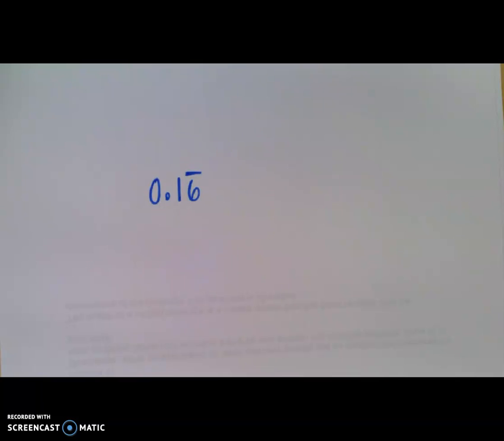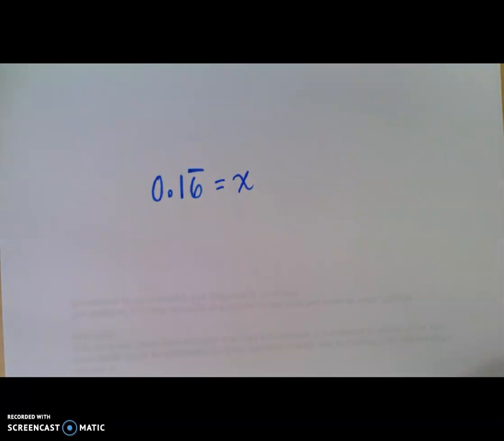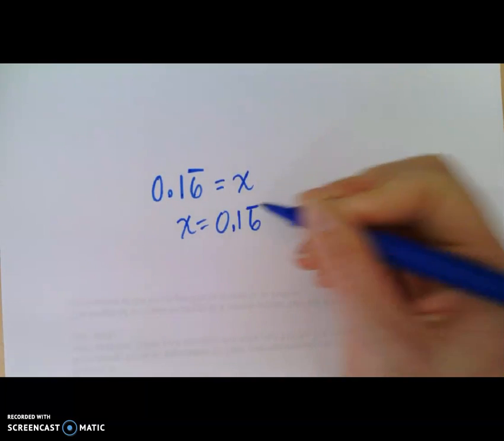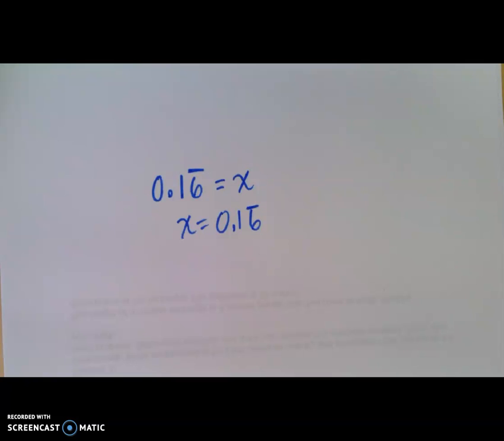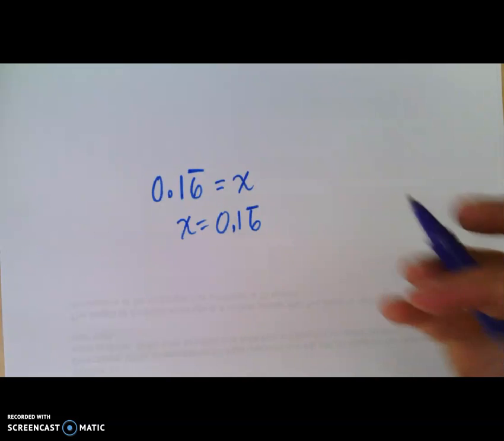Okay, we're going to use the same process we did before. The first thing we're going to do is take our decimal and set it equal to x. And if you like to write it as x equals 0.16 repeating, that's fine too. What I want to do is multiply both sides by the same number so that the repeating decimal ends up lining up and I can cancel it out.